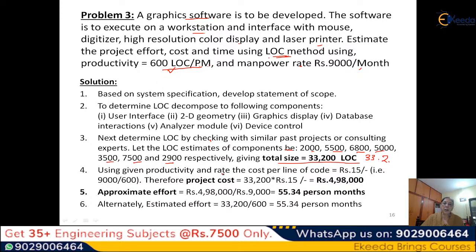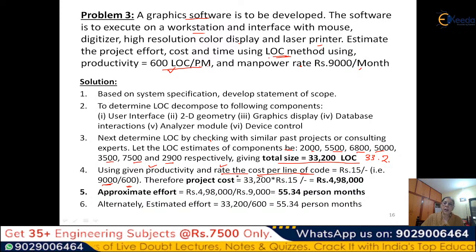We calculated the cost per line of code. Depending on the productivity and the rate given to us, we determine the cost per line. We took 9,000 as the cost, and 600 is how many LOC can be written per person month. So for 600 LOC it costs us 9,000 rupees.